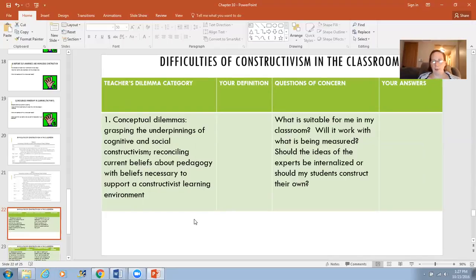So this is the problem, right? Teacher's dilemma, grasping the underpinnings of cognitive and social constructivism. So just not even understanding exactly what it is that we're supposed to be doing. And then reconciling current beliefs about pedagogy with the beliefs necessary to support a constructivist learning environment. So we can think back to the Linda example where, okay, she's gone to the Common Core.